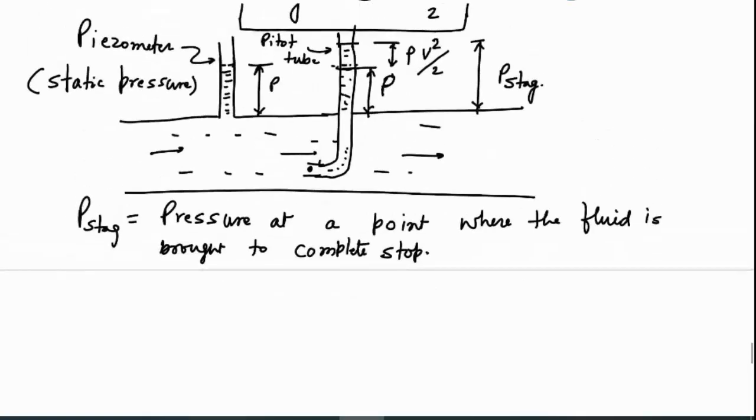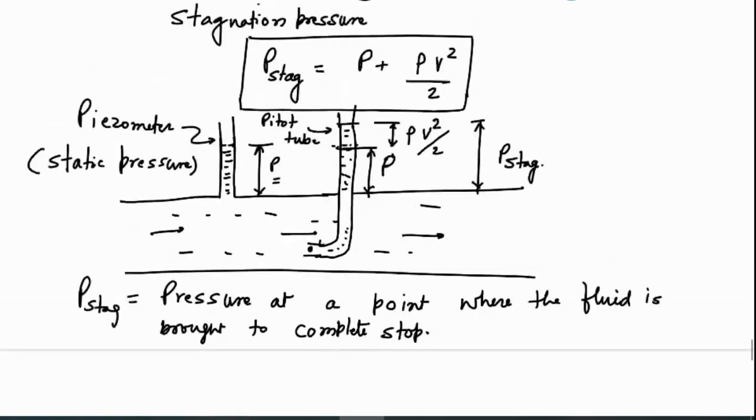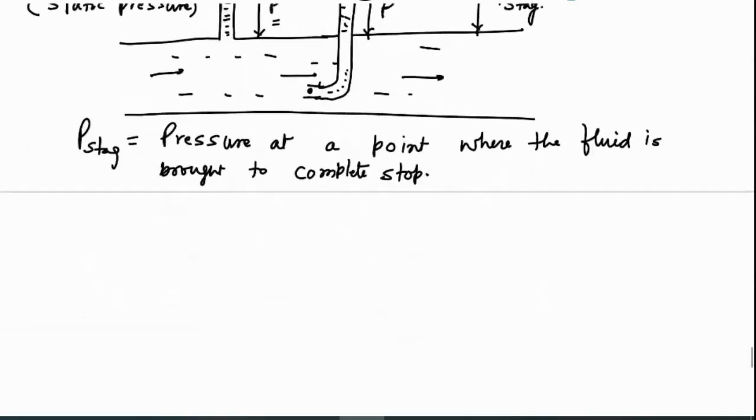If you know the stagnation pressure and the static pressure, that is P in this case, then you can calculate the velocity because you know this expression. You know this term and this term, so you can calculate the velocity of the fluid.